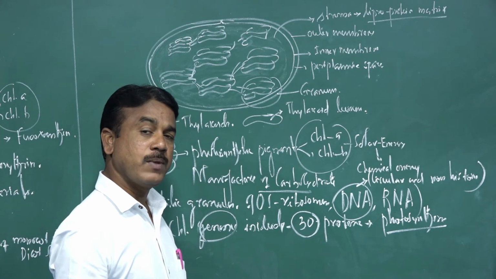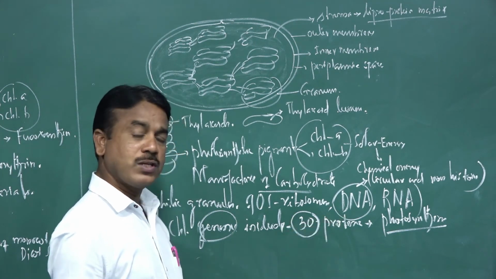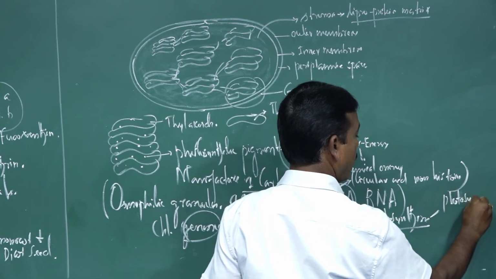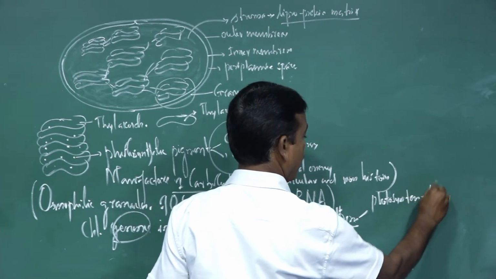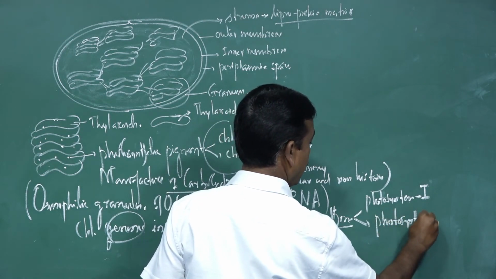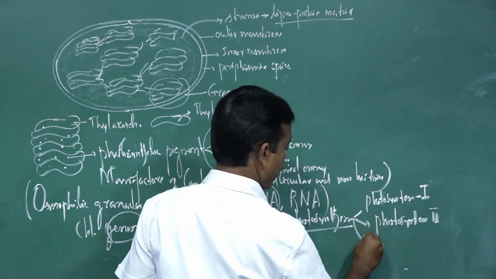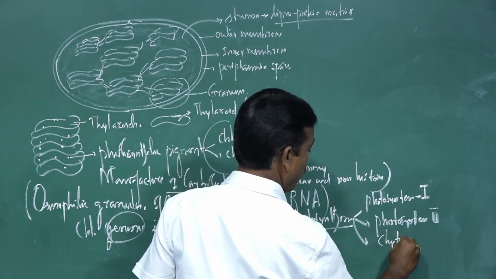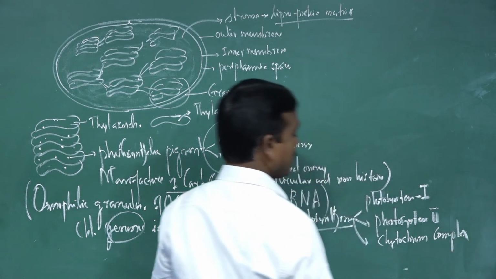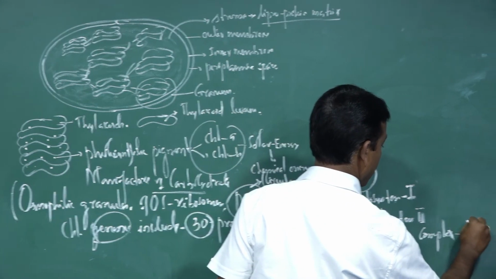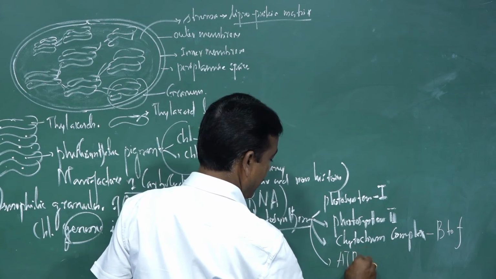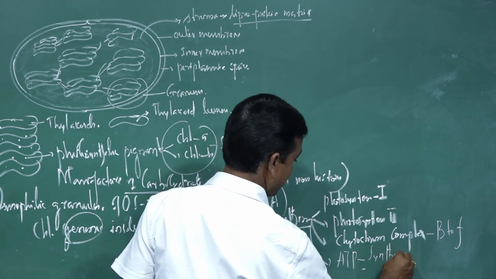It is not only involving 30 proteins for photosynthesis; it includes photosystem 1, then photosystem 2, then the cytochrome complex, namely called b6f, then ATP synthase.